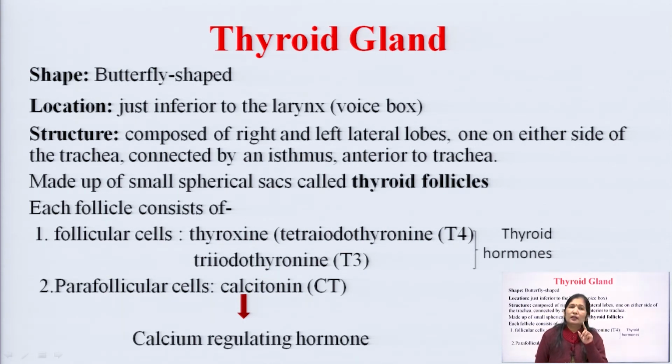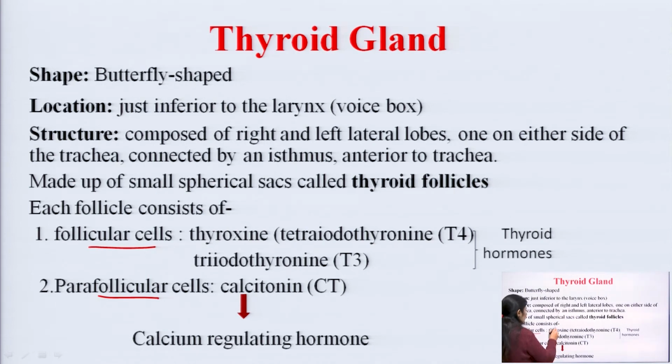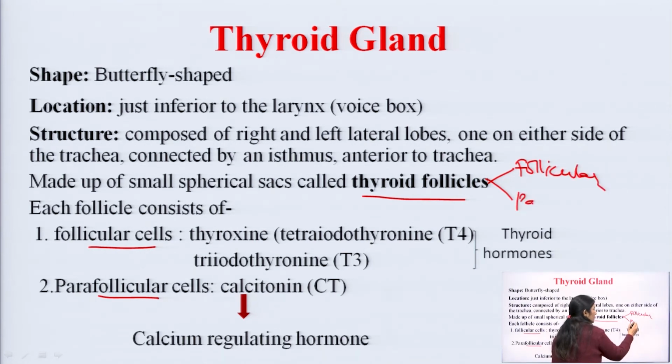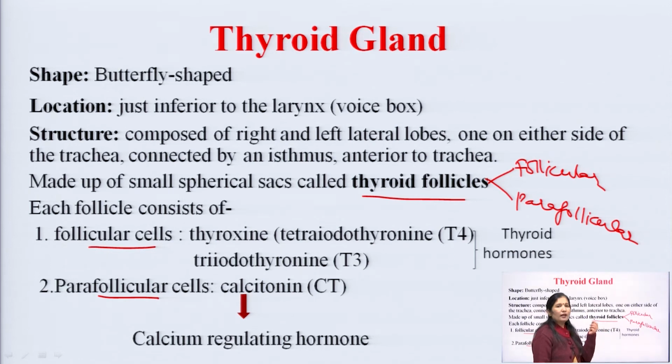Each follicle consists of two types of cell, follicular cells and parafollicular cells. Mostly there are follicular cells, and in between there are a few parafollicular cells.